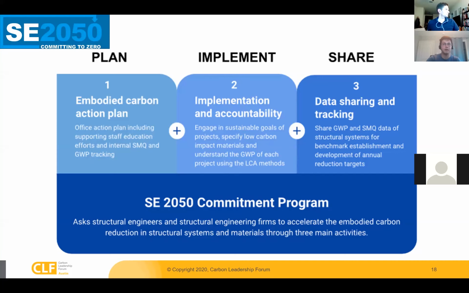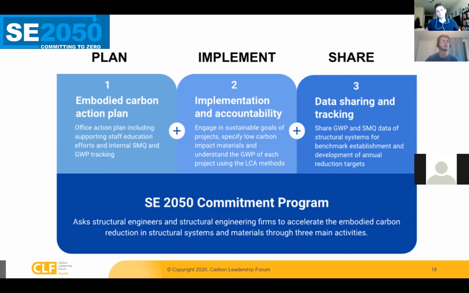But it's not just asking firms to make a loose promise. There's a whole commitment process where once you get involved with the program, there are a couple of deliverables. You need to come up with an embodied carbon action plan, and you need to start reporting the information. So as SE 2050 is working with these different organizations, it's supporting action and offering resources, but also collecting the data that they're reporting.